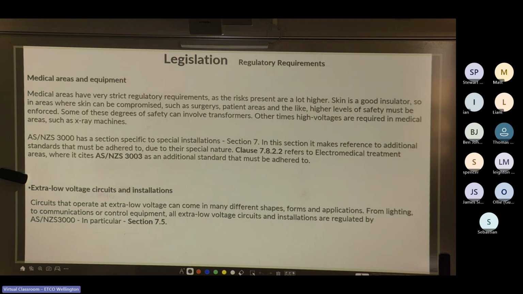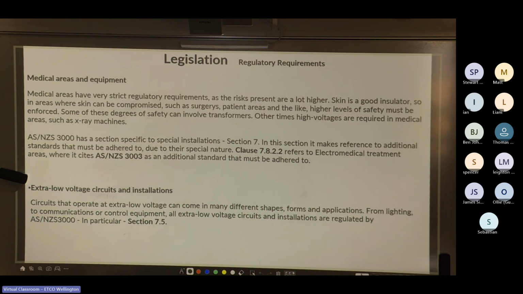That way those pieces of equipment are isolated from earth. So if the surgeon is touching the light or the socket outlet and the patient at the same time, there's no chance of a return path being created through the floor or any exposed metalwork, because there is no connection to earth.